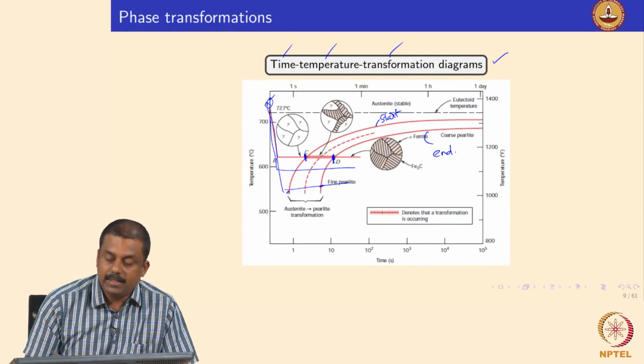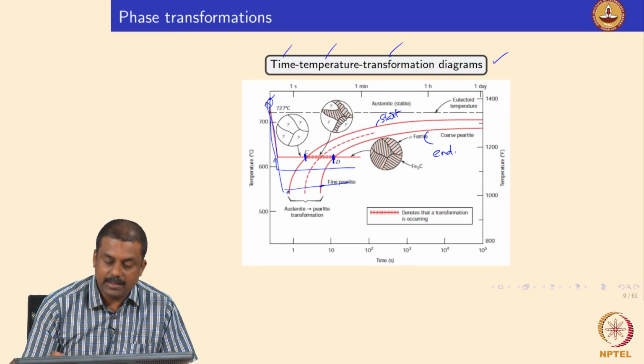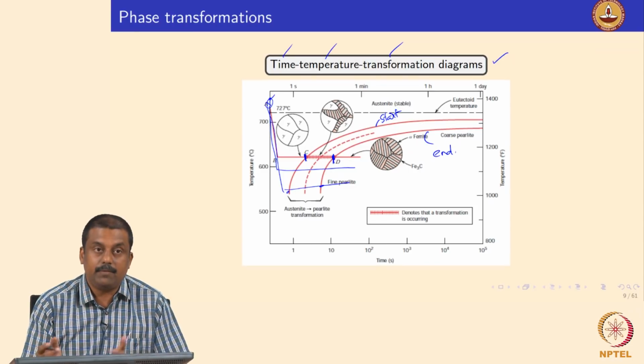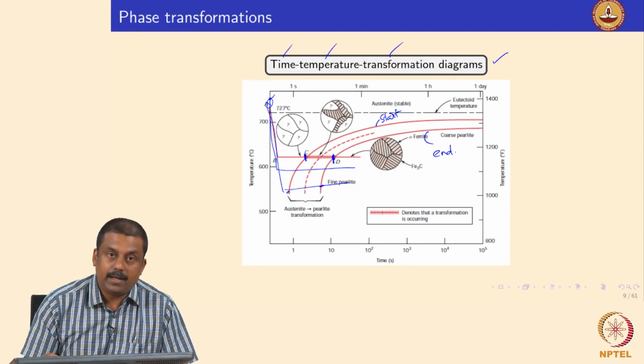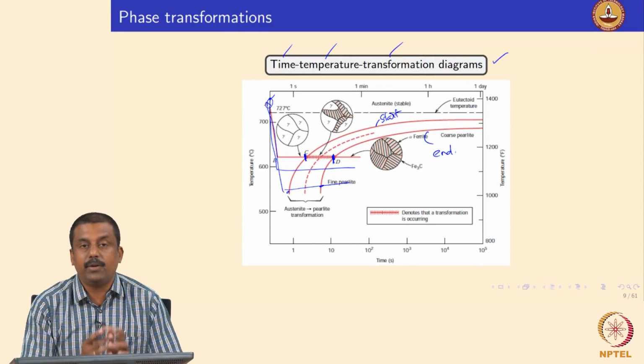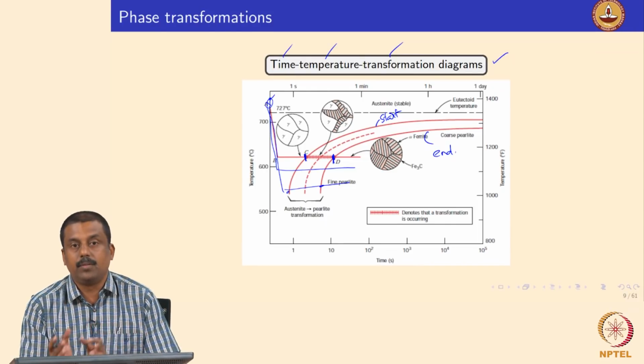Okay. But the commercial application of this diagram is limited, because in most applications, for example in welding, our transformation is happening under continuous cooling, right. So the sample is cooled continuously from austenitic temperature to room temperature.